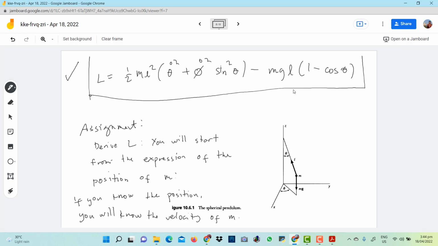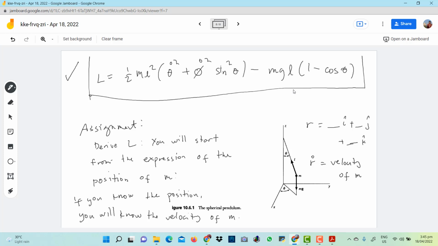Your position R has an x component i hat plus y component j hat plus z component k hat. And then, if you take the derivative, r dot, and then square it, this is the velocity of m.